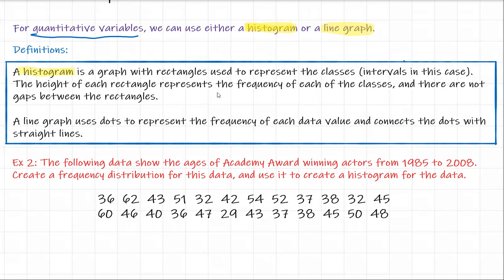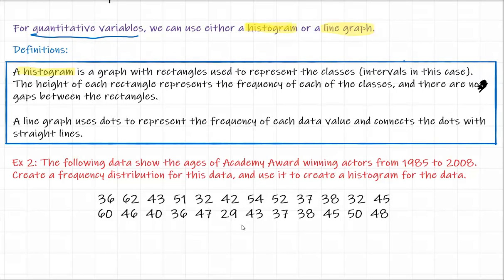The height of each of the rectangles is still representing the frequency, just like we talked about with the bar graph. And there are, oh, that's a typo. There are no gaps between the rectangles because it's a continuous interval divided into those sub intervals called the classes.